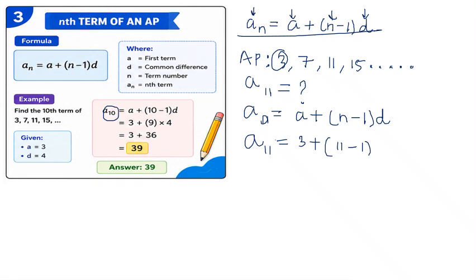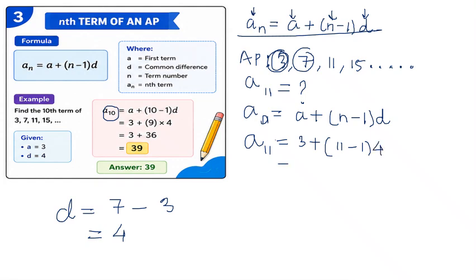The common difference means second term minus first term, or we can use third term minus second term. Let's say the second term. What is the second term here? The second term is 7. And what is the first term? The first term is 3. So 7 minus 3 is equal to 4. So here we will write 4. Let's solve it now.